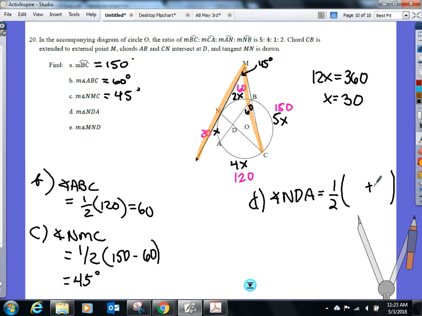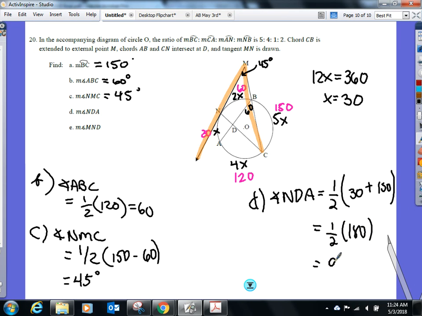Its arc measure is 30, and I add its vertical angle's arc now. So here's NDA, here's its vertical angle. That arc measure is 150. Half of 180. Look at that, that's a right angle.